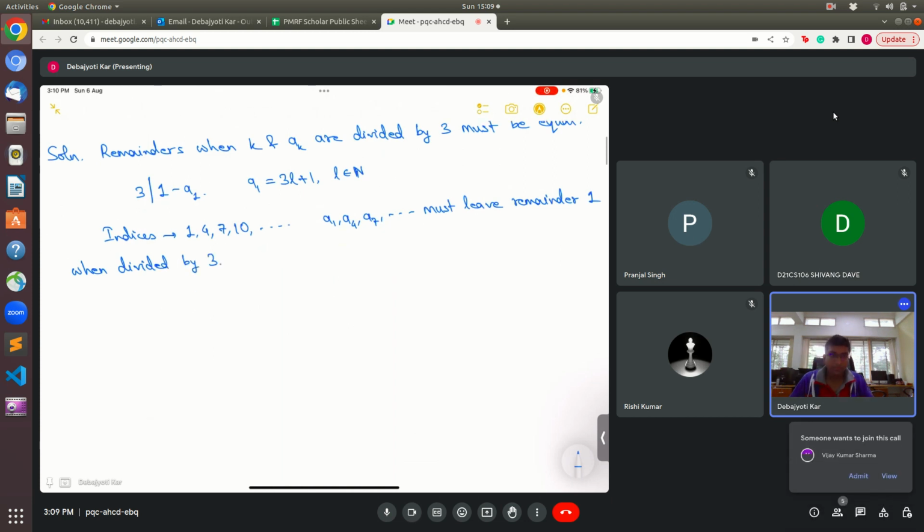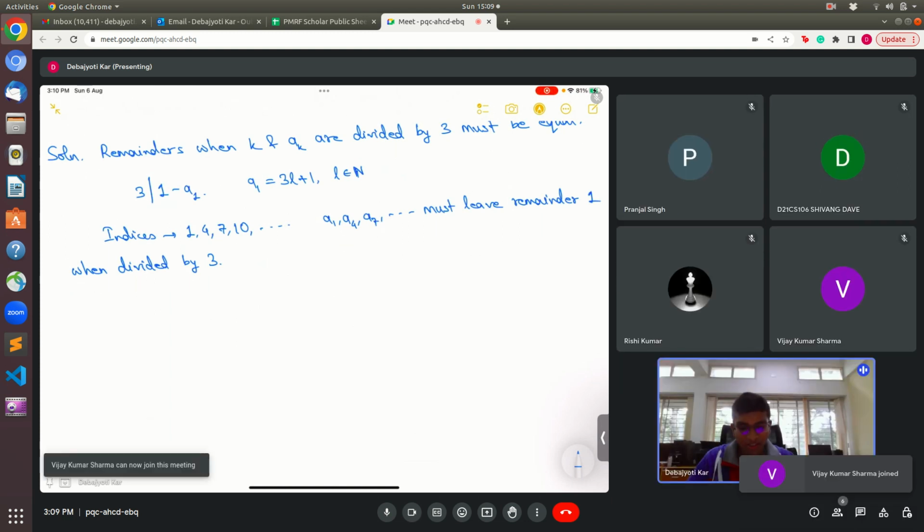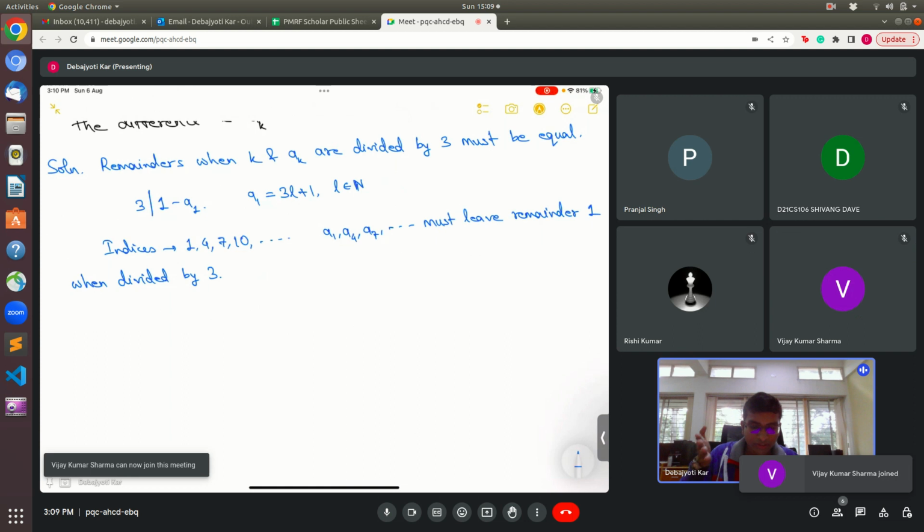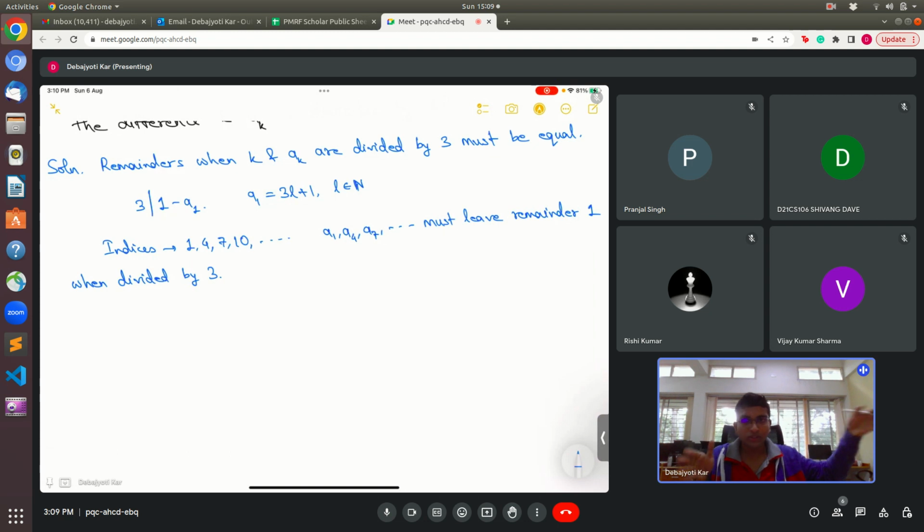Similarly, if we consider the indices 2, 5, 8, 11 and so on, the indices which leave remainder 2, the corresponding numbers should also leave remainder 2 on division by 3.